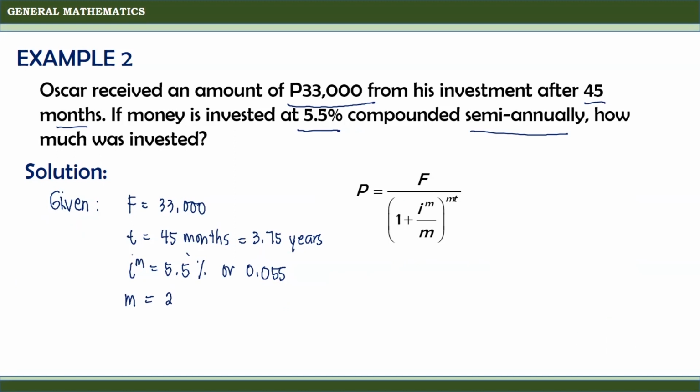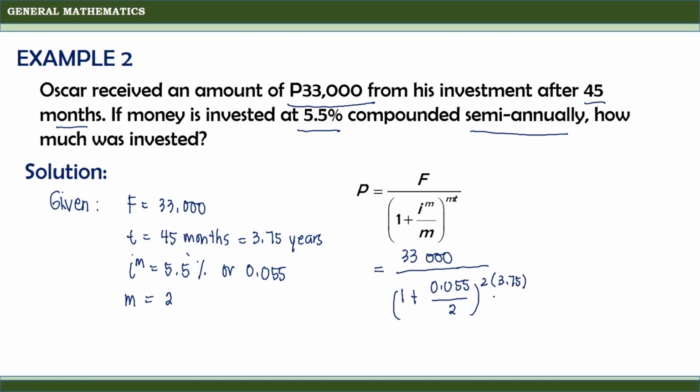From here, we need to substitute the given to our formula. Hence, we will have 33,000 divided by 1 plus 0.055 divided by 2 raised to 2 times 3.75.